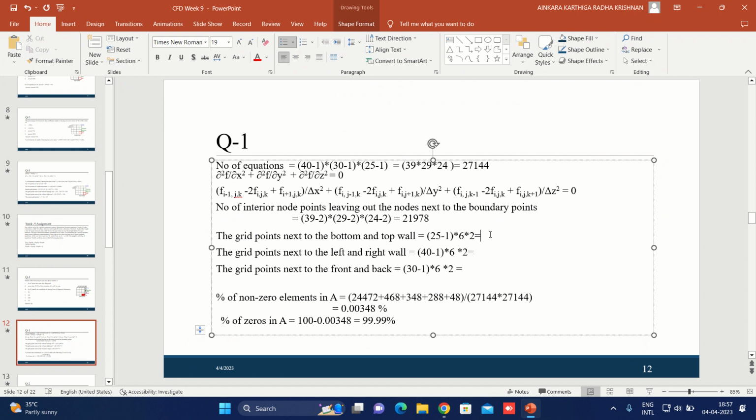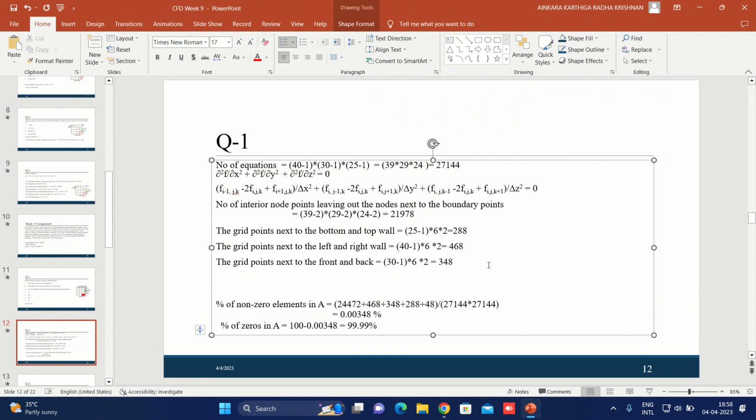So it would be 24 into 6 into 2. It is 288. It is 39 into 12, 468, and 29 into 12, it is 348. So we have these, and the left out are the corner node points.